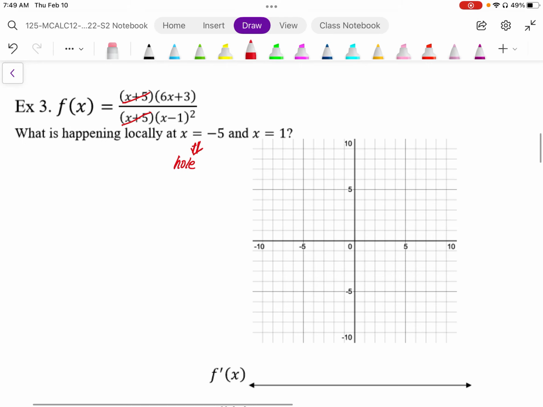Okay, so I should maybe start making a chart here, a table of values, just to keep track of some of my points. So at -5, I have a hole. And this is going to be, if I plug -5 into this expression, I'm going to end up with -30 plus 20 plus 3.